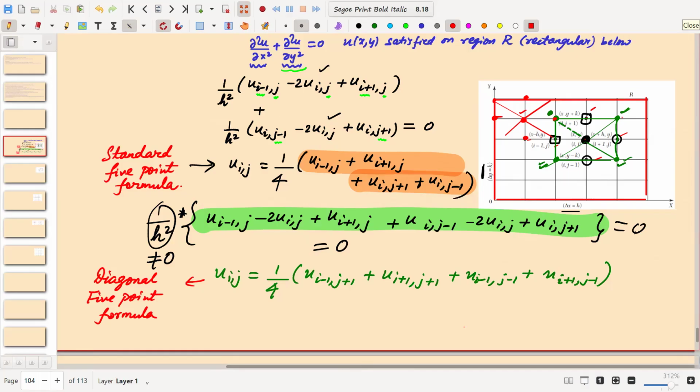Yes, we know if you are here, by taking one step, you will be here. But how will you get the value of u here? We are not finding the location here. The locations are determined by i j minus 1, i j plus 1 like that. What we are trying to find is the value of u. U is the solution.